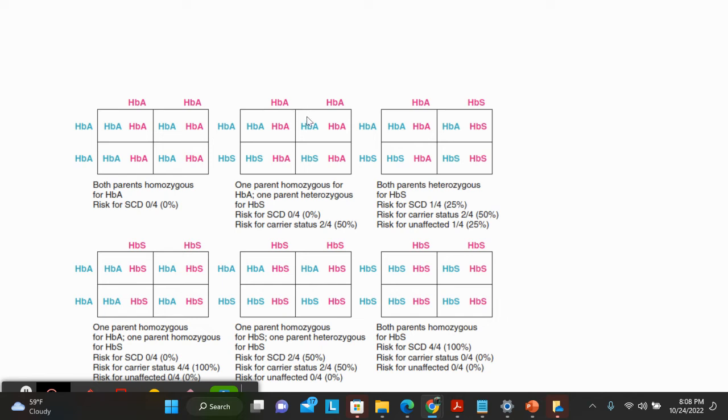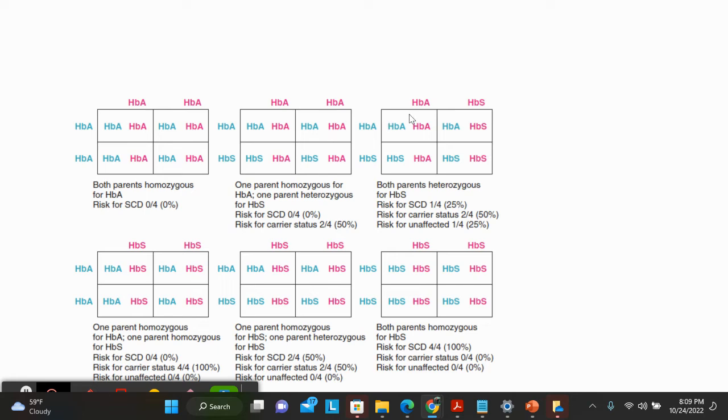Here's a Punnett square that describes one parent's a carrier, the other parent is homozygous normal. And in this incidence, your probability of having a child with sickle cell disease is 0, but the risk for giving birth to a carrier is 50%. And that's how that works out.